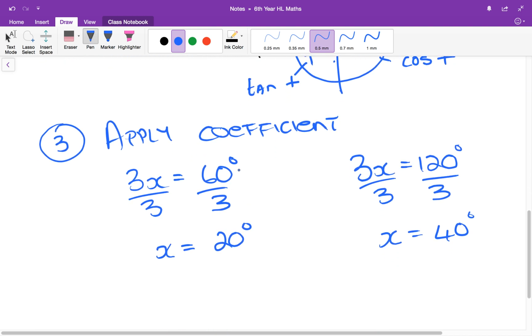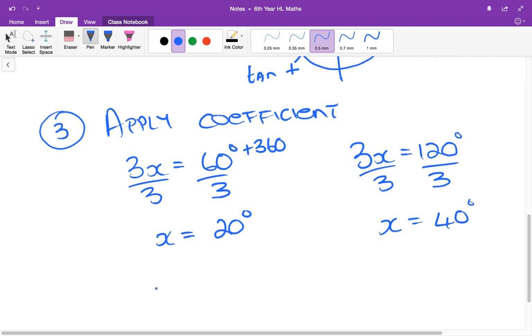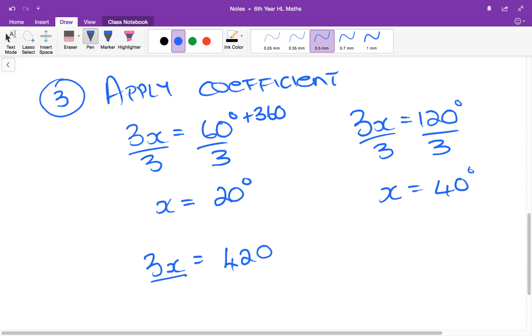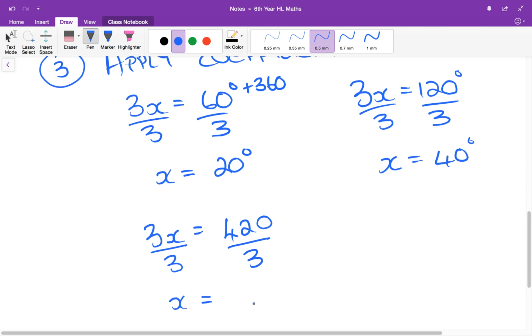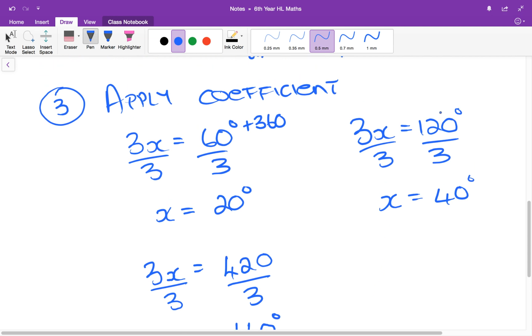So if we take the 60 and add on 360, 60 plus 360 is 420. Then if you divide that by 3, we get x is 140.